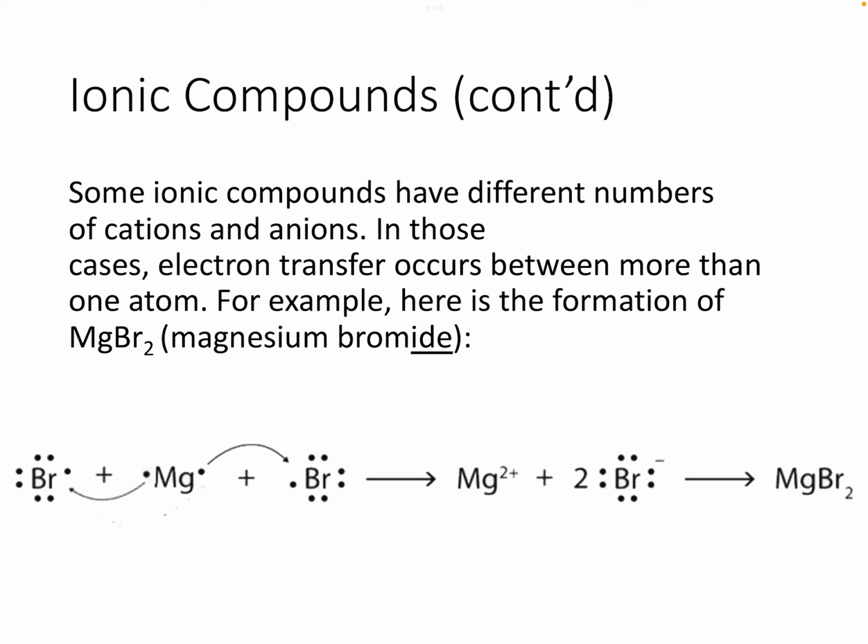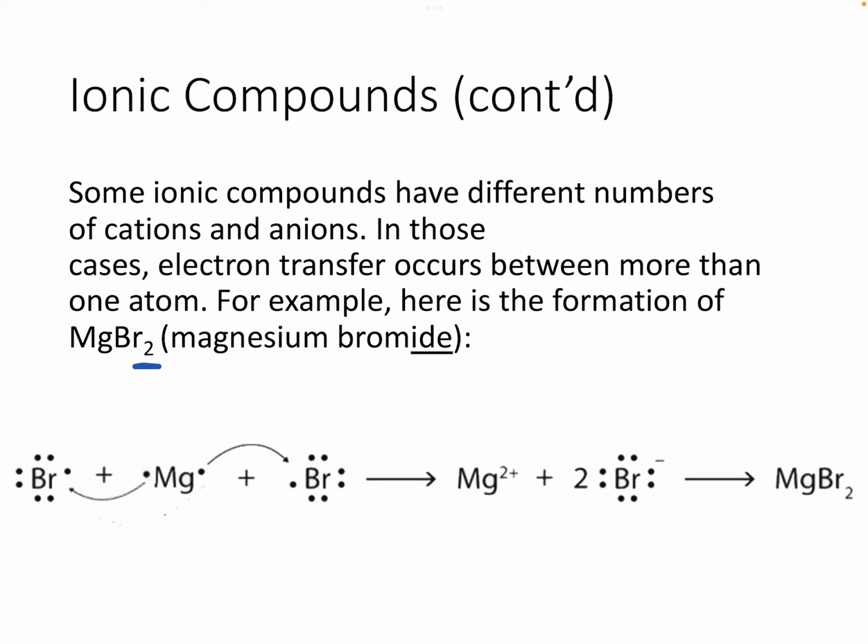And they're going to end up forming magnesium bromide, or MgBr2. So this little subscript tells us that we have 2 bromide ions in this ionic compound. And the reason for that is the charge of magnesium doesn't match up with the charge of a bromide ion. So we need 2 bromide ions in order to match the charge on magnesium. Because ideally we want our ionic compound to have 0 overall charge. We want all of our charges to match up.